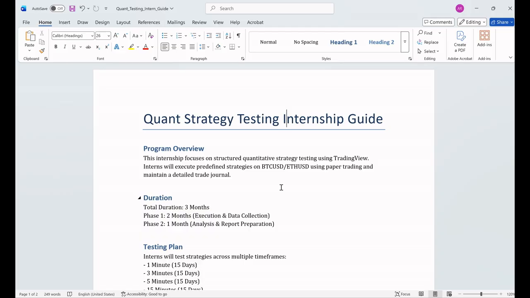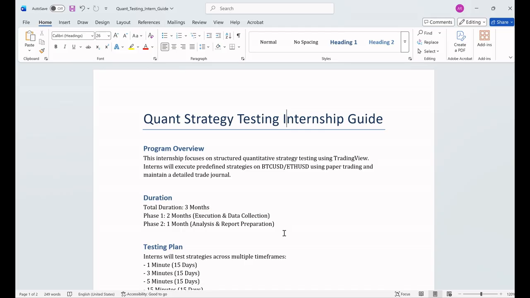Then comes the final 1 month, which is dedicated to analysis and report preparation. In this phase, you will go through all your recorded trades, identify patterns, understand strengths and weaknesses of the strategy, and prepare a structured report. In most cases, this analysis can be completed within 15 days, but we keep additional buffer time so that you can do it properly without rushing.